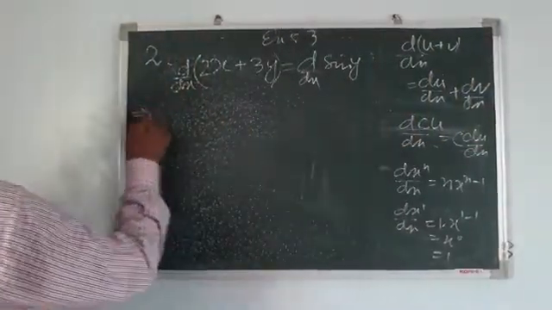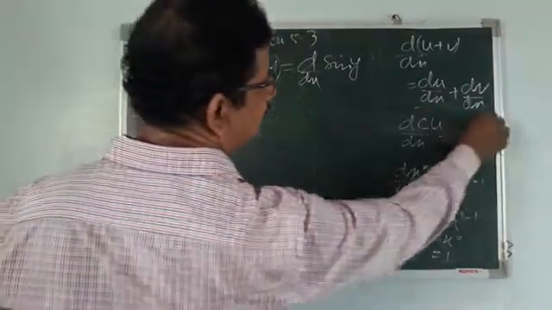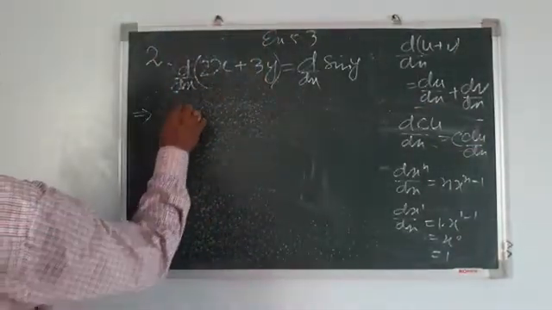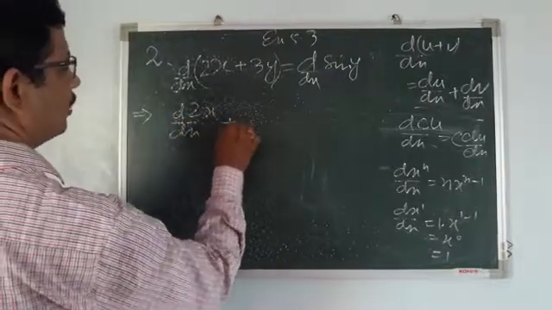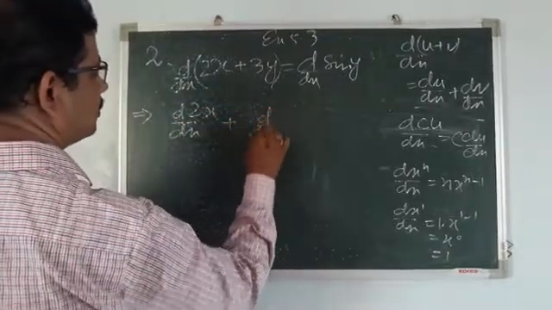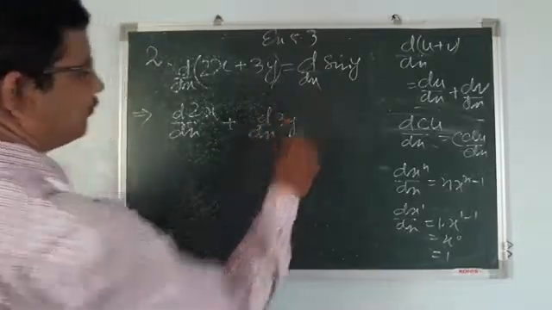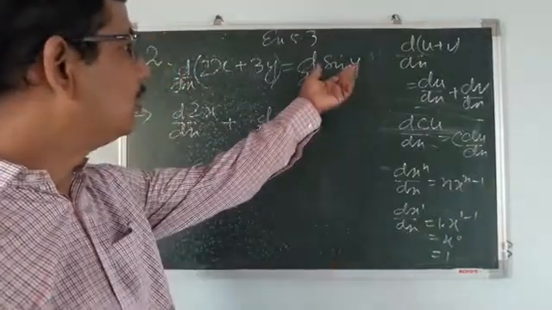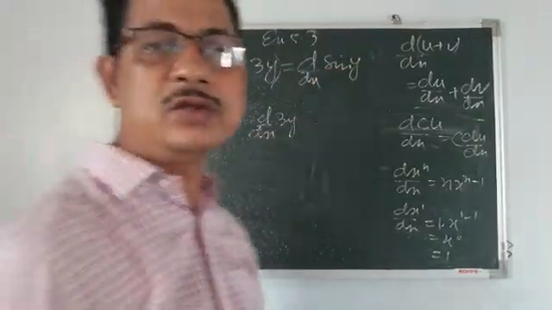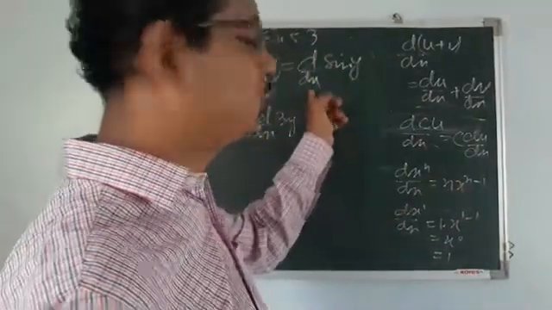Then as usual, this part we use this technique. So here d(2x)/dx plus d/dx(3y). I have just taken d/dx inside. Now it is sin y. Our formula is what? Sin x with respect to x.